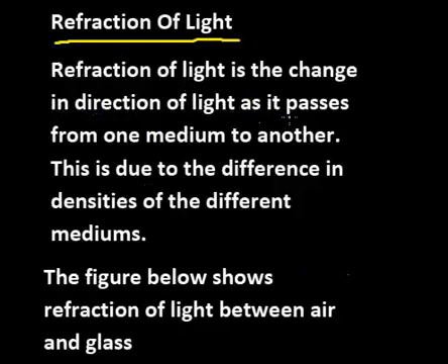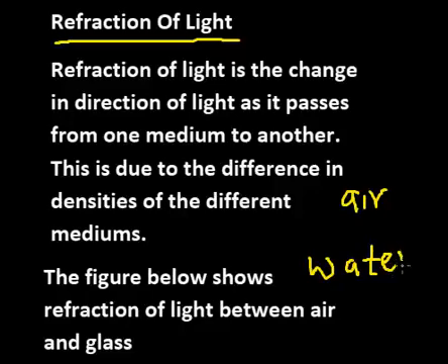Refraction of light is the change in direction of light as it passes from one medium to another. What causes that is the difference in the densities of the different mediums, for example, air and water.